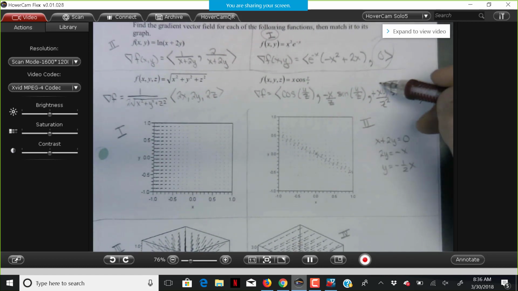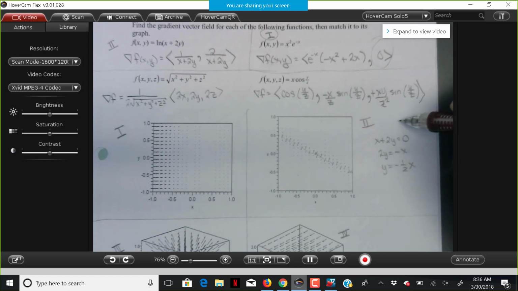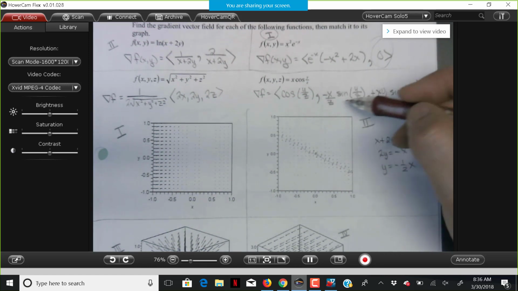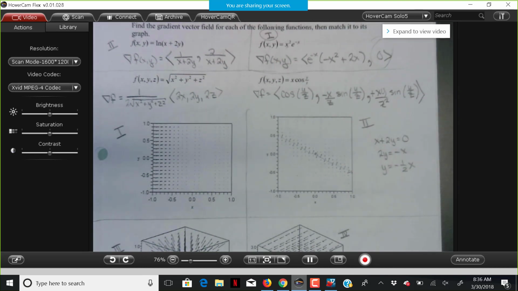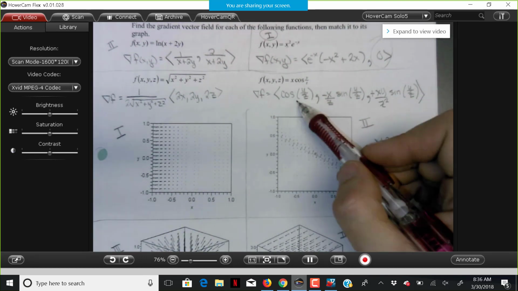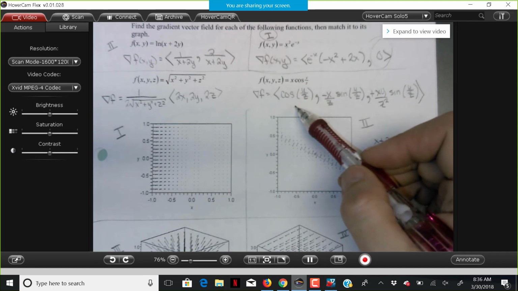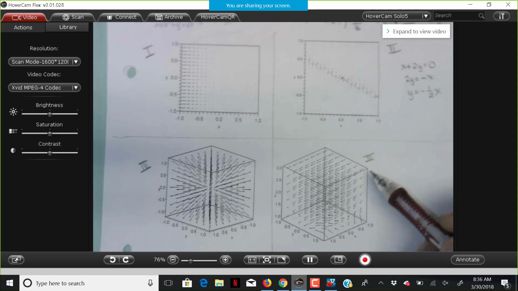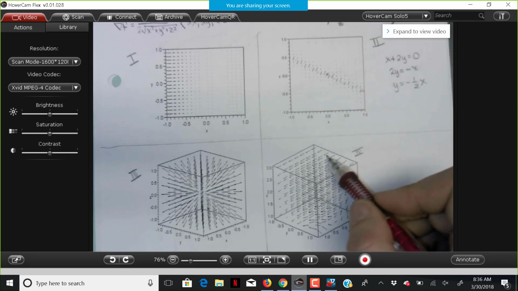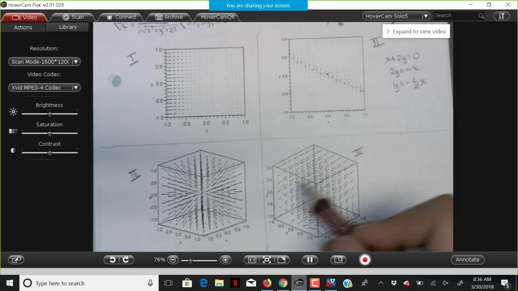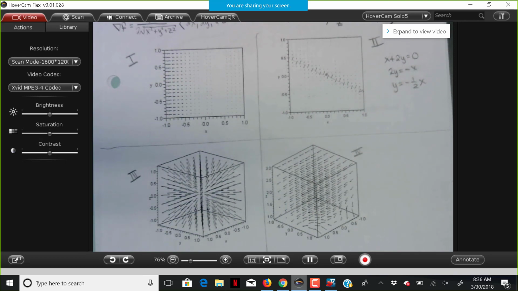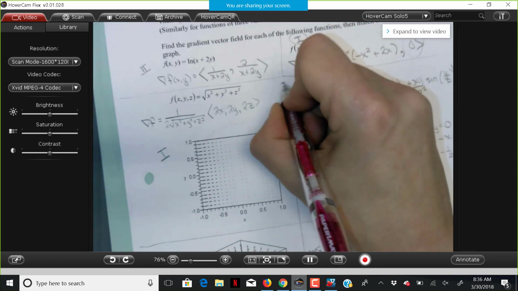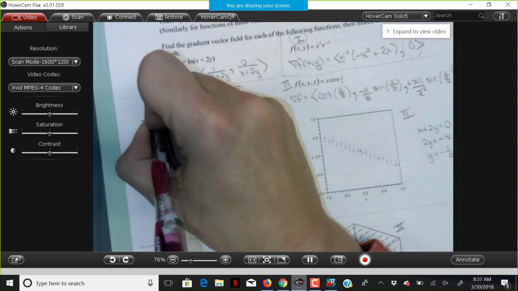There will be almost no vertical component to it, right? Or in the middle, if z is really big, so that means almost no left and right, everything will be forward or back, right? And so when I look at graph 4, I see that they're all at the top, they're pretty much almost all going forward. So this one would go with 4 and this one would go with 3.